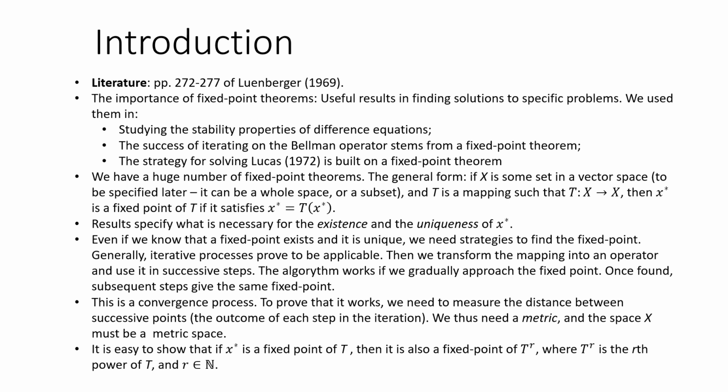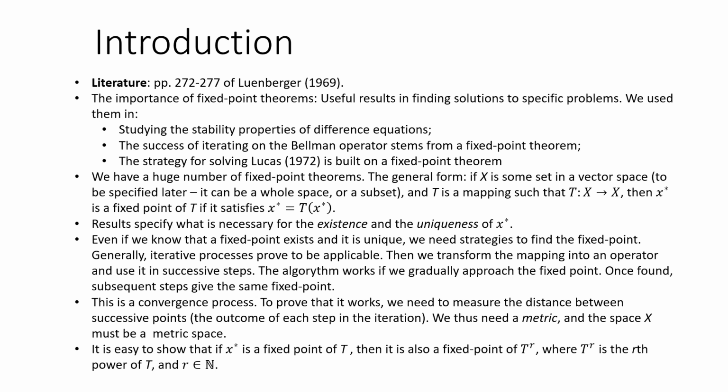So fixed point theorems come in various forms, but at the end of the day, we have a general scheme that describes all the fixed point theorems. We have a set in a vector space that can be a whole space or its subset. We will specify it later.